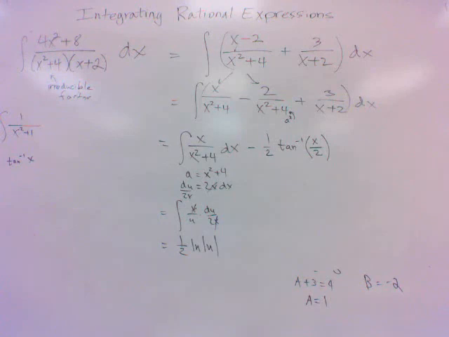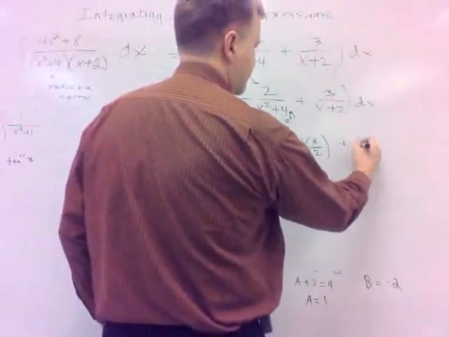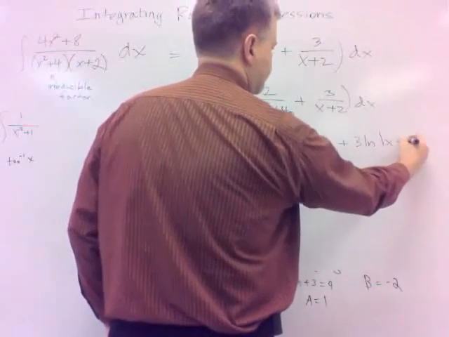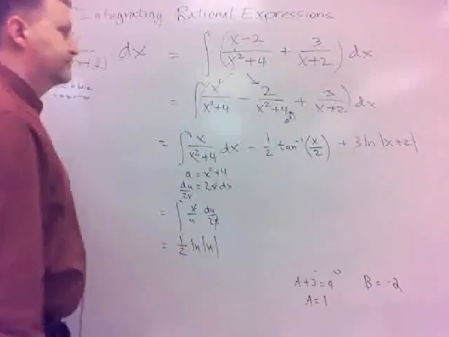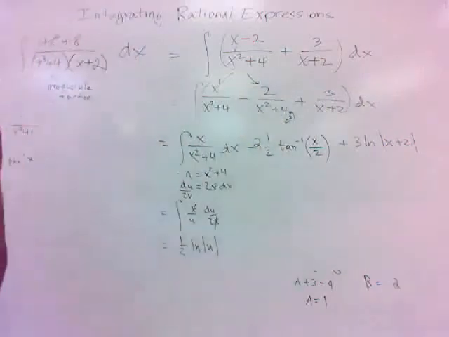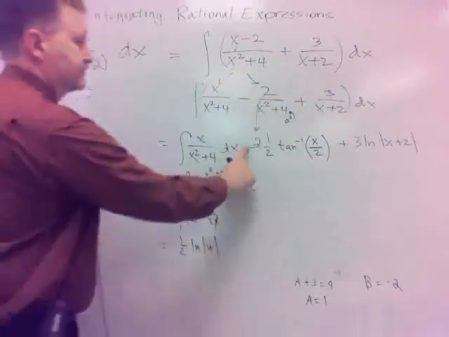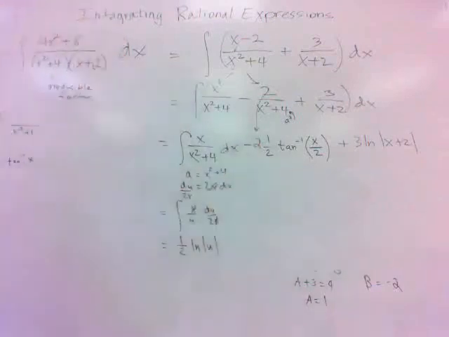That takes a little work to derive, but the sheet has it right on there. And then this is natural log. Oh, I forgot my 2, didn't I? Yeah, there's a factor of 2, so that does need to come down. Thank you.